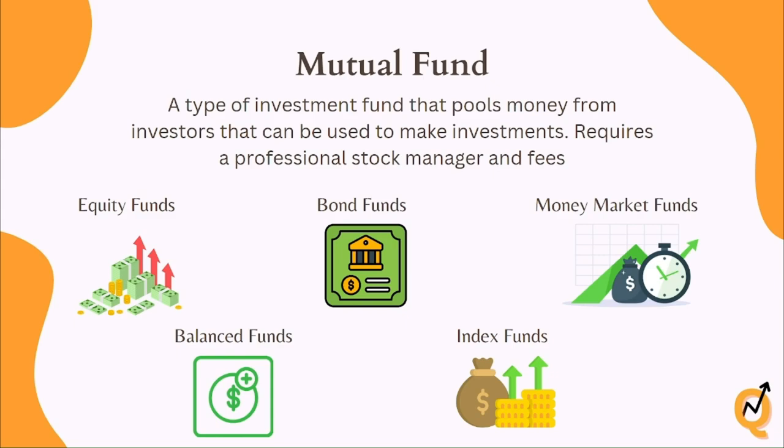Now, another type of stock is known as a mutual fund. And a mutual fund is when a lot of people invest their money into a pool, and then a professional stock manager uses the money that's invested in that pool to invest in a lot of different stocks.